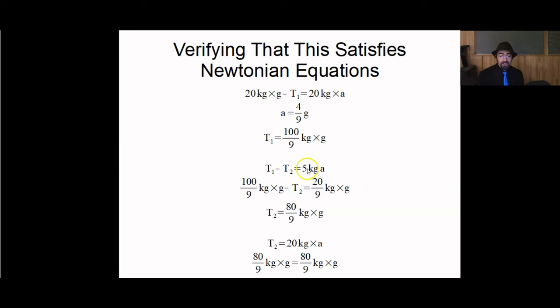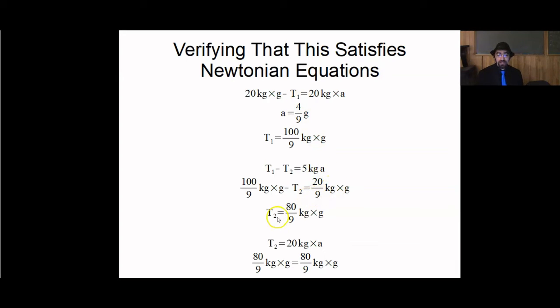Then I looked at the equation I got from the pulley. When it all simplified, if you remember, that was T1 minus T2 equals 5 kilograms times a. Well, if I know T1 is 100/9 kilograms times g, then I could say 100/9 kilograms times g minus T2 equals 5 kilograms times 4/9 g. a is 4/9 g.